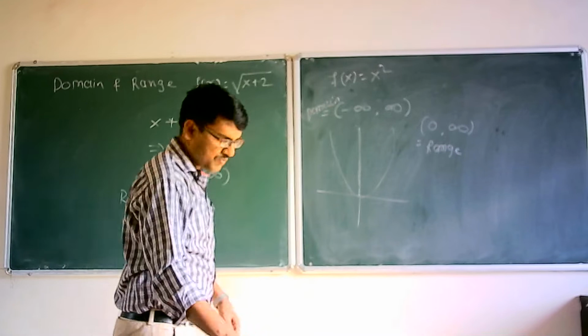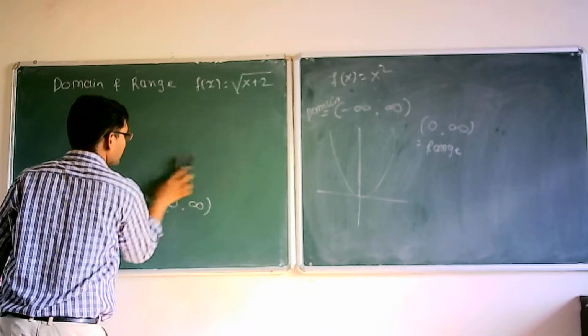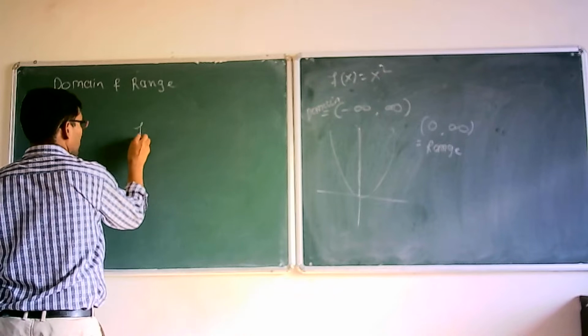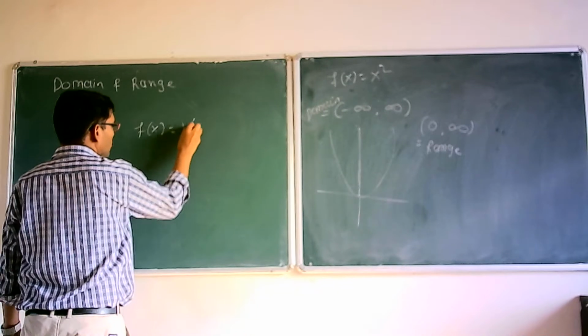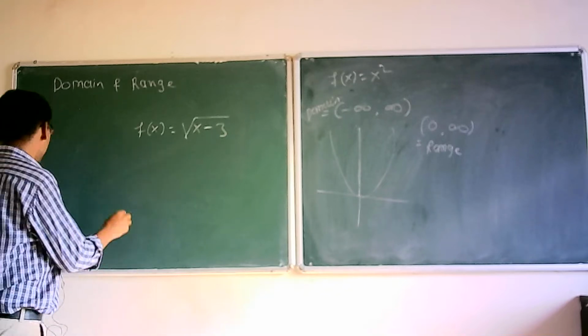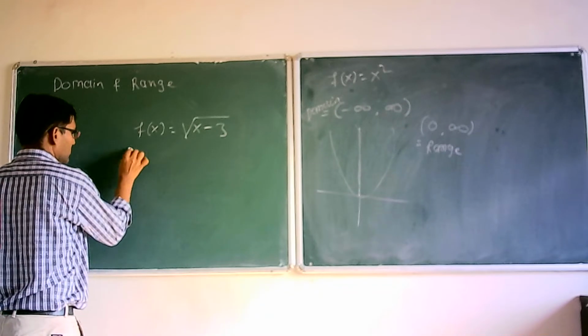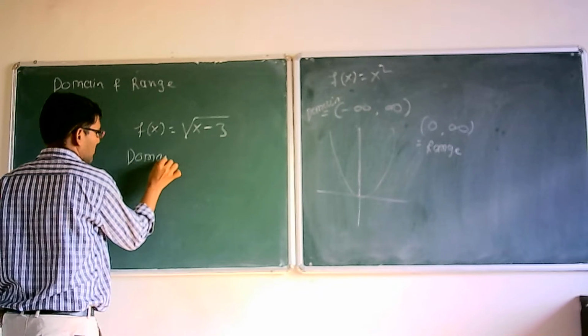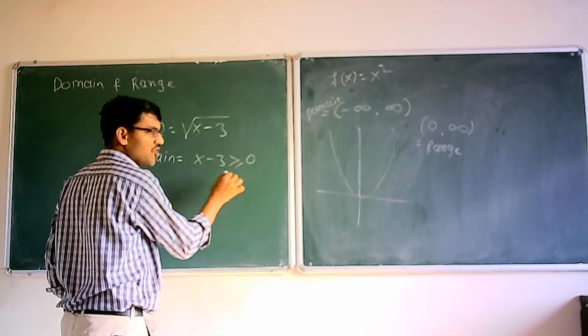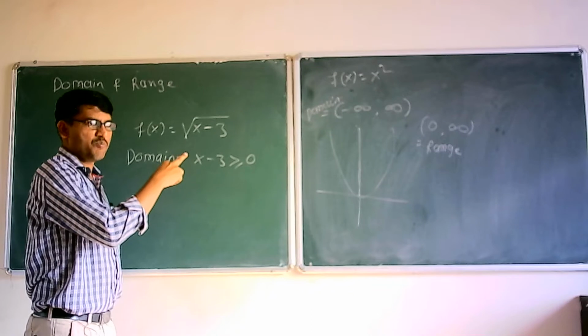Take one more example. If f of x is equal to under root of x minus 3, then what is its domain? Domain is all numbers for which the expression is greater than or equal to 0, because we cannot take the square root of a negative number.